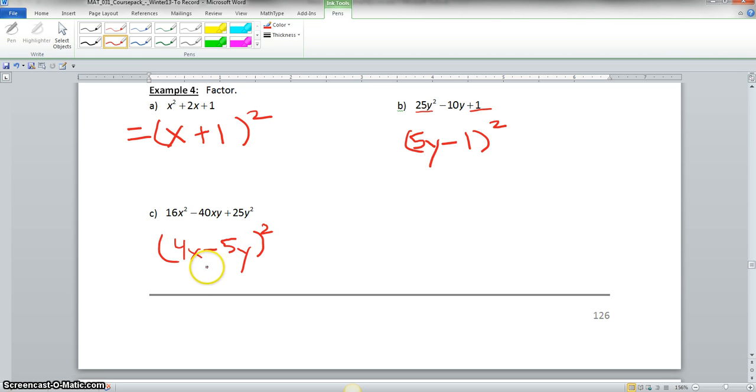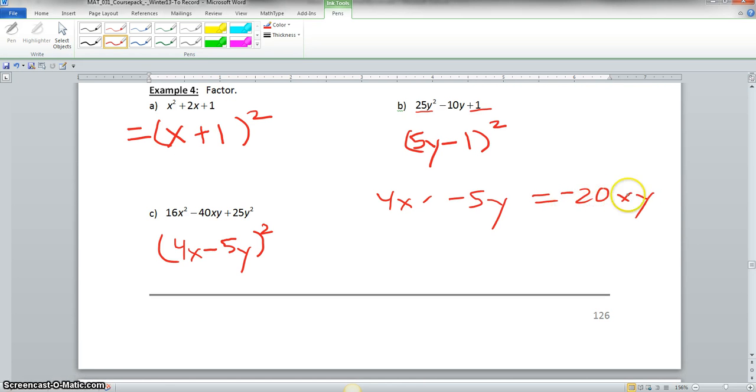Now, to prove that it's correct, let's just square this. 4x squared, we know it's 16x squared. We know a minus 5y squared is 25y squared. Now to get this middle term, 4x times a negative 5y, we know it would be a negative 20xy. Well, I'll write it over here. 4x times a negative 5y. 4 times negative 5 is negative 20, and x times y is xy.